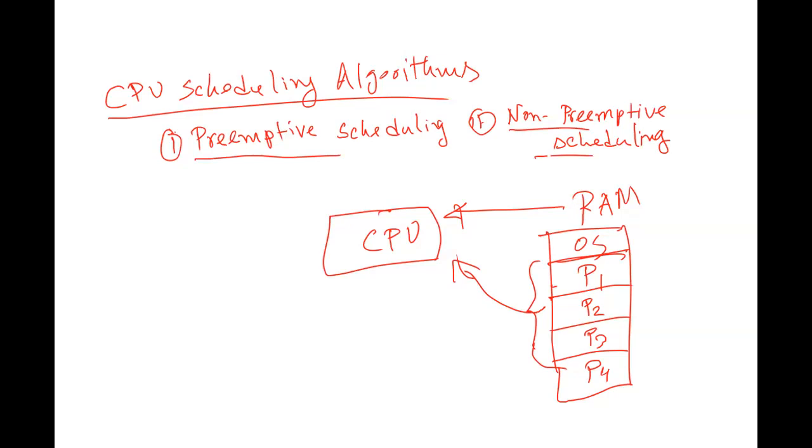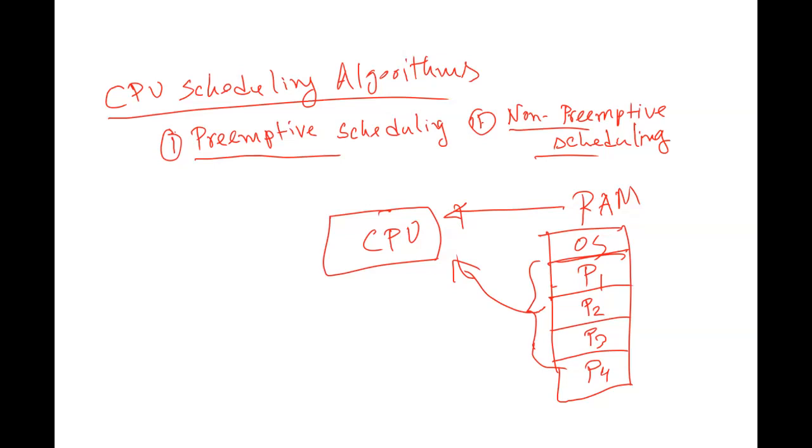You already know about this preemptive. Preemptive means that the CPU forcefully stops a process when a new process or higher priority process comes into the RAM. Okay, this is the preemptive scheduling algorithms. The CPU can preempt a process. Preempt means that the CPU forcefully stops a process when a higher priority process comes into the RAM.